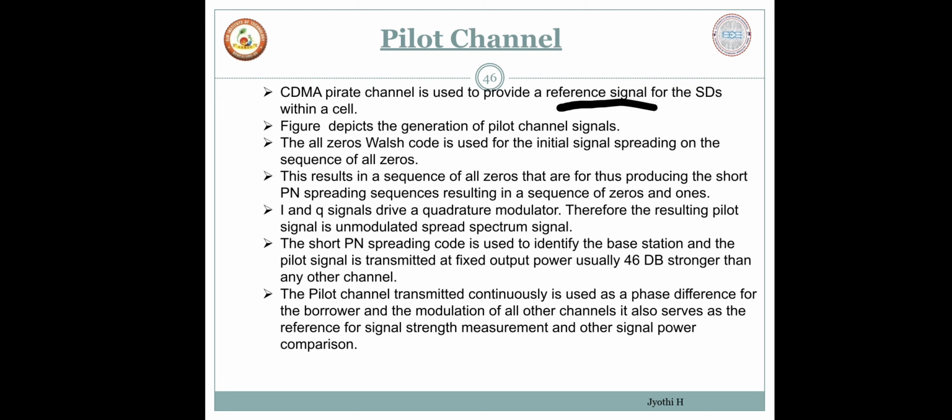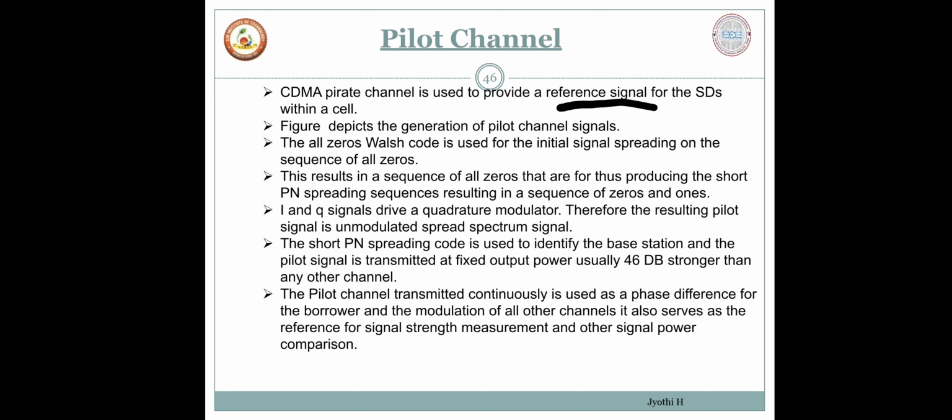This results in a sequence of all zeros, which is then spread by the short PN spreading sequences, resulting in a sequence of zeros and ones. The I and Q signals drive a quadrature modulator. Therefore, the resulting pilot signal is an unmodulated spread spectrum signal.